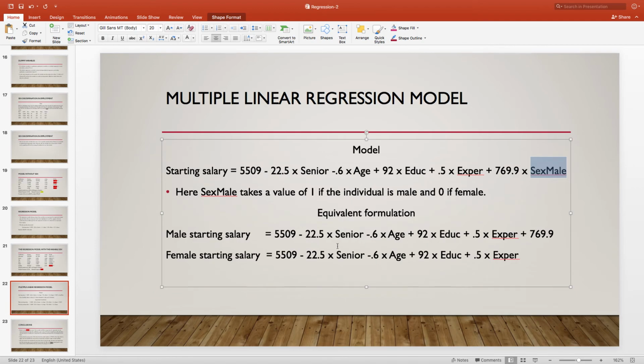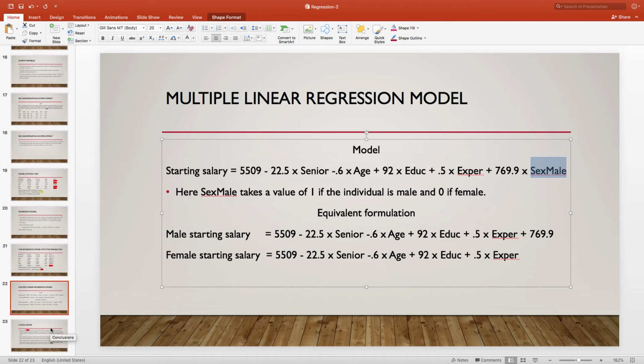So if I account for seniority, age, education, and experience, this says that if all these variables are the same, the difference in starting salary is $769 for this time period in this industry at this bank.